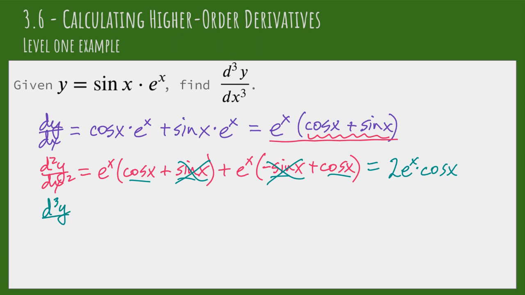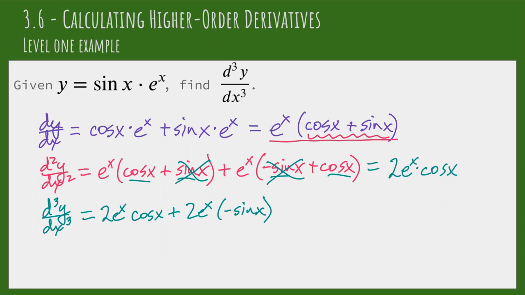So the third derivative of y with respect to x. So derivative of the first is going to be 2e to the x times the second, cosine of x, plus the first, 2e to the x, times the derivative of the second. Now, if this is a free response question, I can box it. It's not a real pretty solution, so I might do some rewriting here.